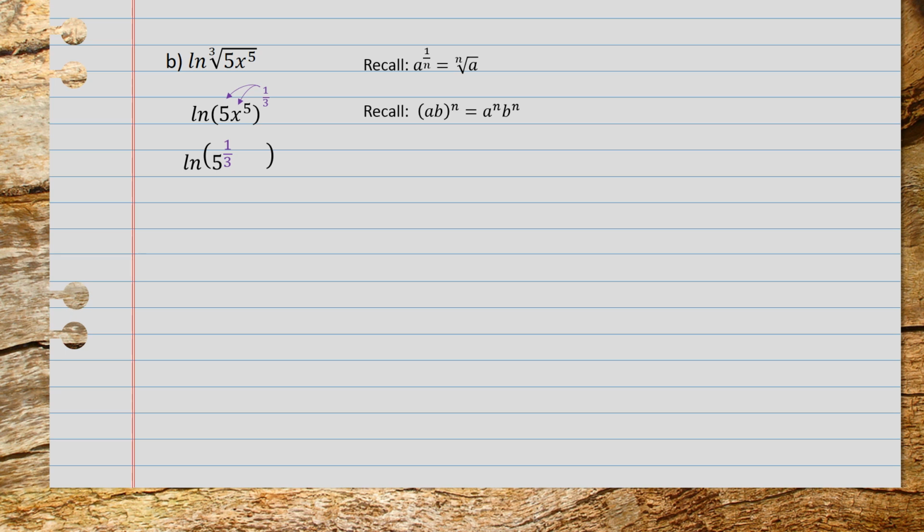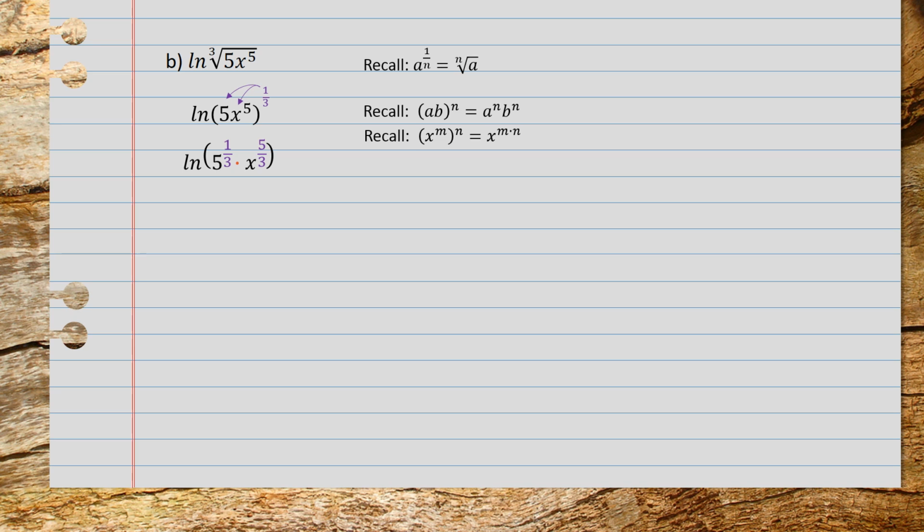But notice, x already has an exponent. So we must apply another rule, the power to a power rule. If you have a value that has a power raised to another power, you will multiply those exponents. And so 5 times 1/3 would give you x raised to the 5/3 power.